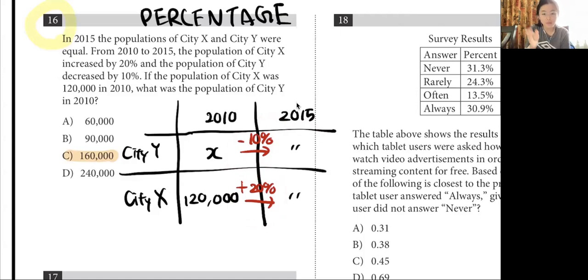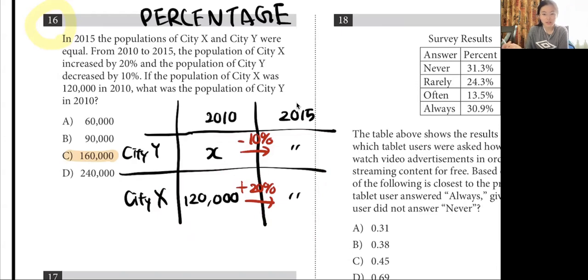So if the population of city X was 120,000 in 2010, indicated here, what was the population of city Y in 2010? What you want to do is find the final value, because that's what they share, right?